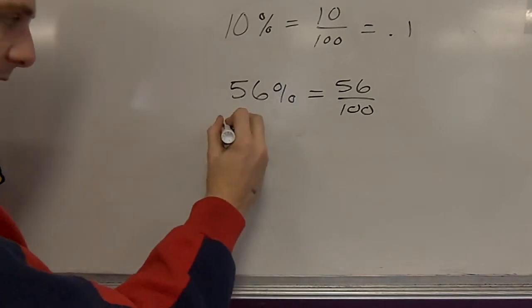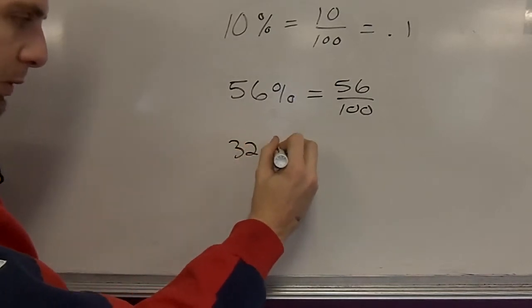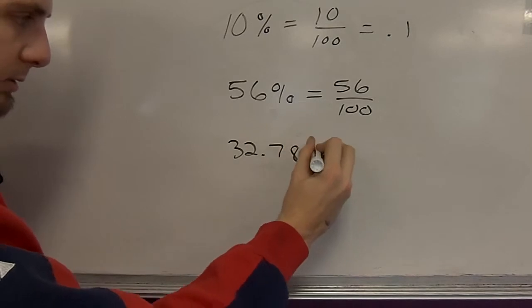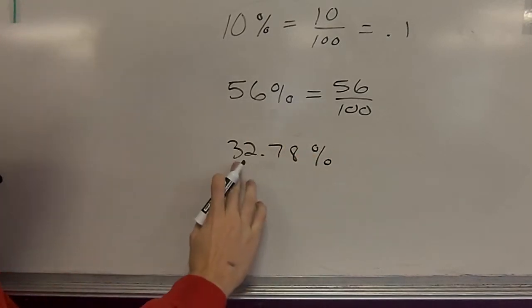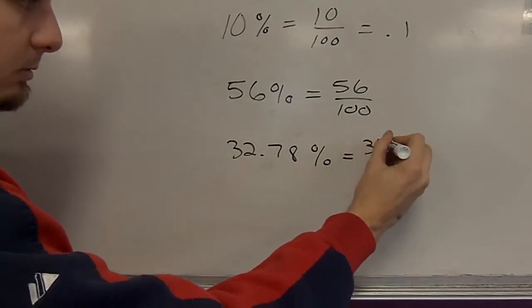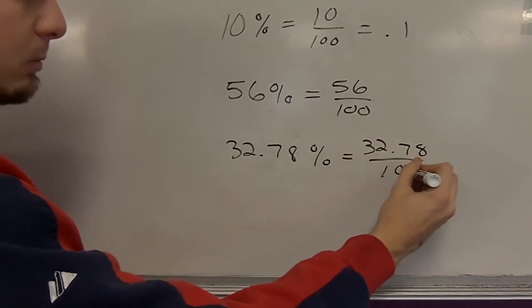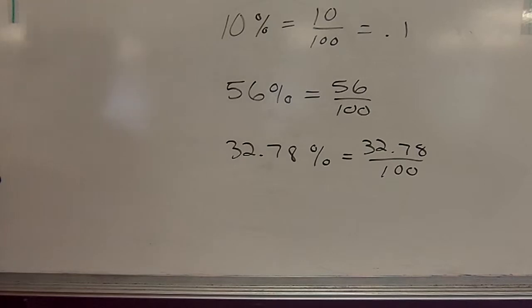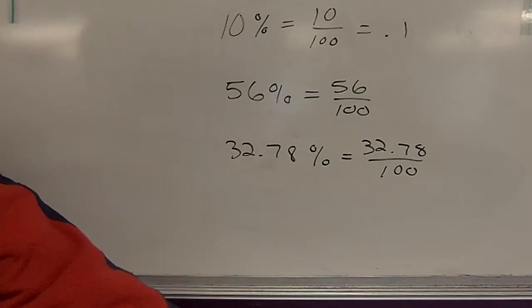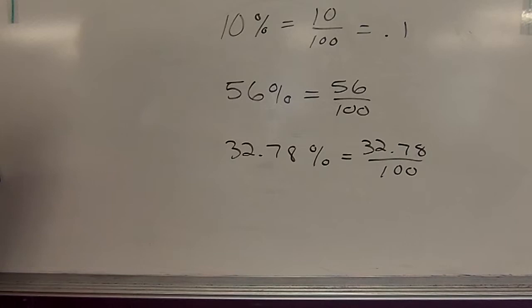When I have 32.78%, I am looking at 32.78 divided by 100. And like we discussed, when we divided by 10, it moved the decimal left one space. When we divide by 100, it moves the decimal left 2 spaces.